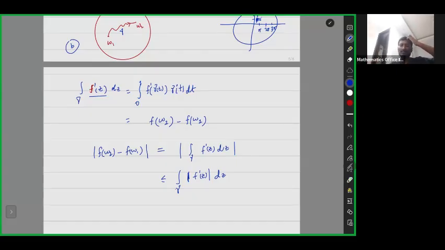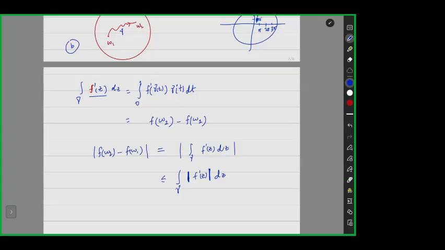I don't remember what it is called, but it was proved initially, maybe last week, when the integral was first defined: the modulus of the integral is less than or equal to the integral of the modulus.